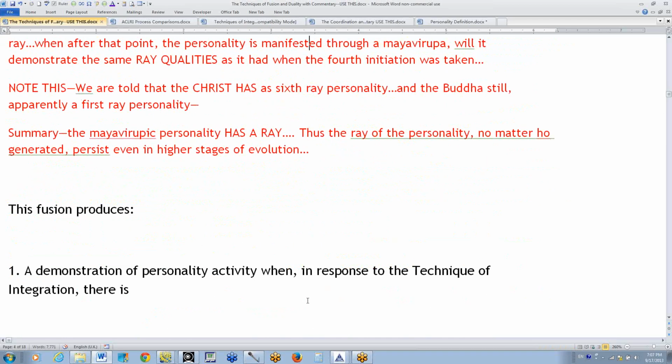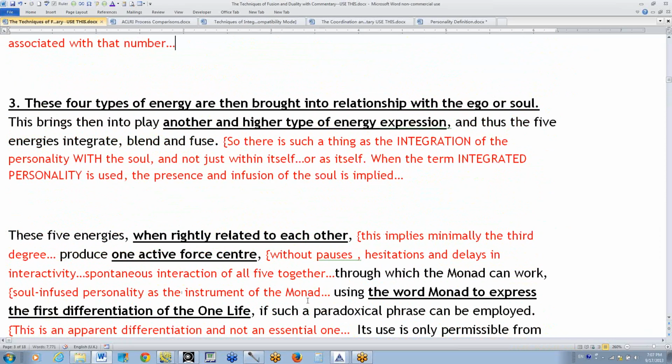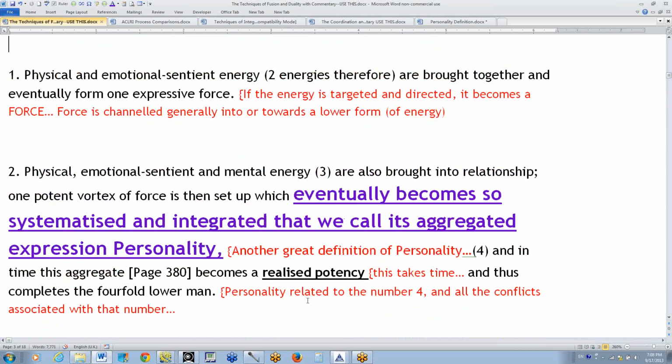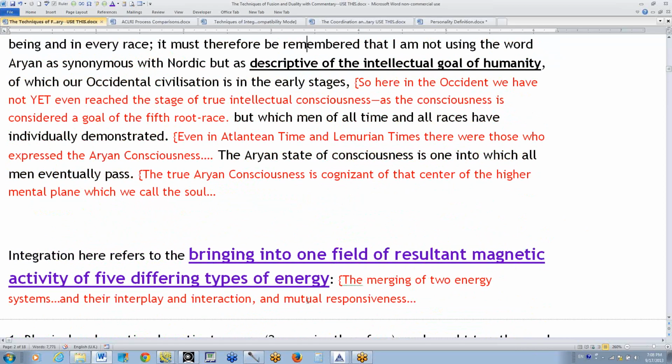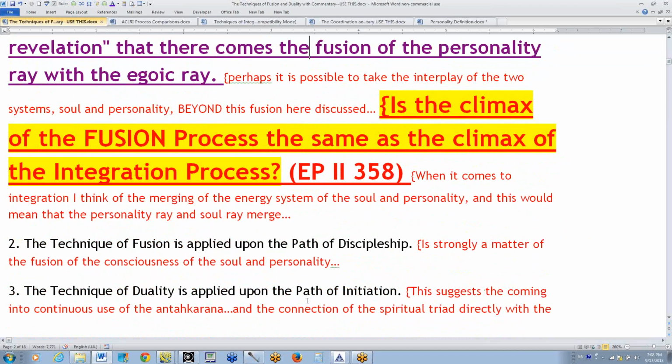All right, now what about this fusion? We get the idea, right, that there are three different stages of the path on which these techniques are applied, and roughly considered they are the path of probation for the technique of integration, though it does, as I say, continue bringing the five energies into a relationship where further interplay is possible.